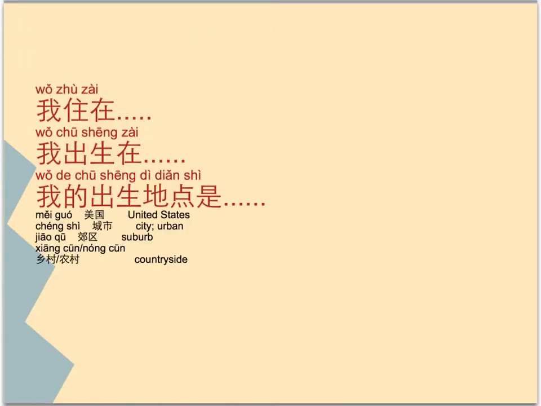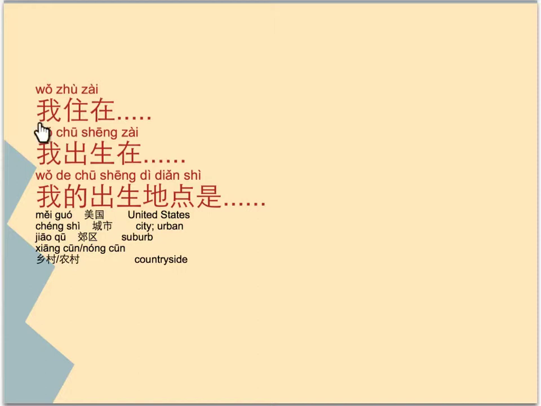When people ask you, where do you live? You can use the following expression. The first one, 我住在. It means I live at, I live in, I live on. And you can say 我住在. For example, like me, I live in Hawaii.